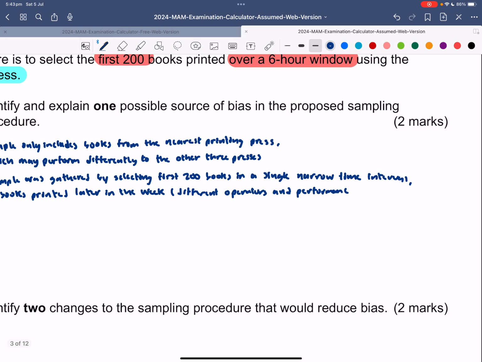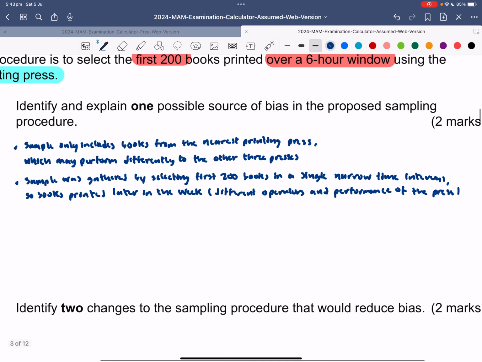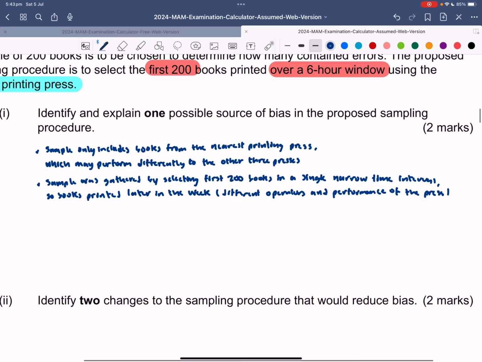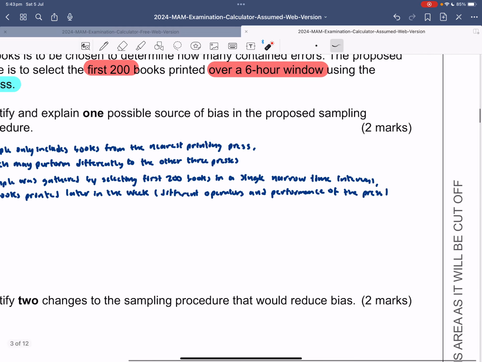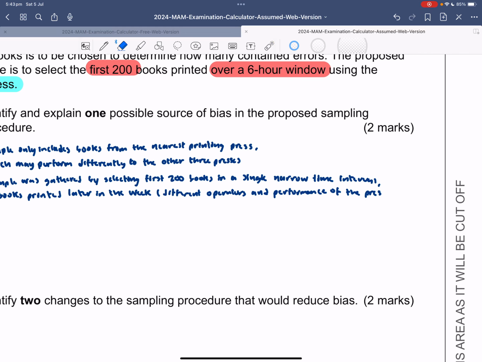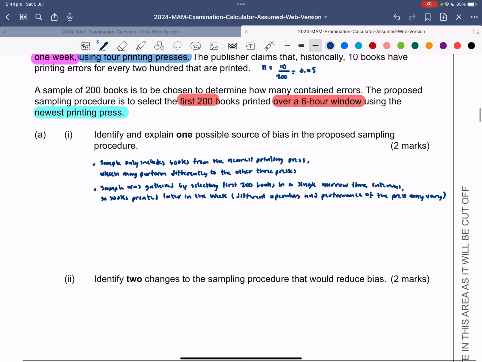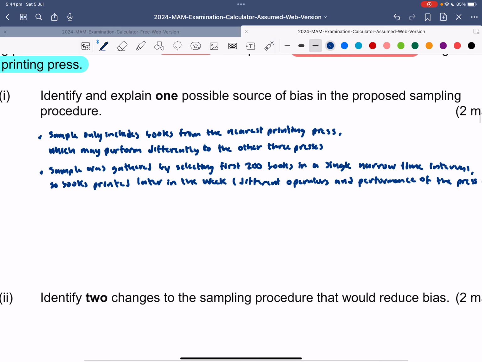So books printed later in the week, where there are different operators and performance of the press that may vary, are not included.